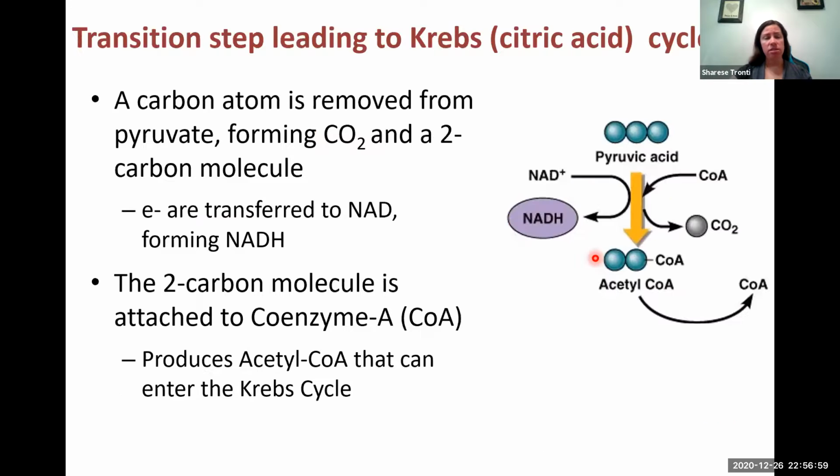So that's glycolysis. Next step is Krebs cycle, but before the Krebs cycle, there's this transition step. It's taking pyruvic acid and making acetyl-CoA. Basically, it's removing a carbon dioxide and making an NADH in the process and adding this CoA.